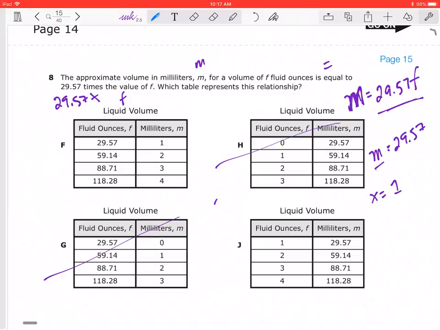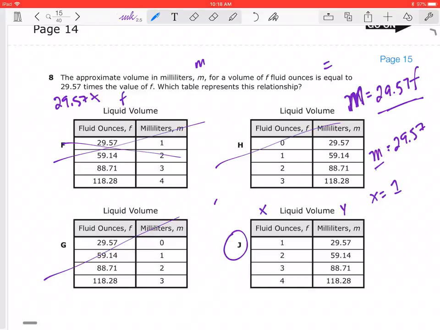In terms of my table, the first column is always going to be x, and my second column is always going to be y. So right off the bat, I can also discount F, because F does not have my slope of 1. So the only possible answer choice is J.